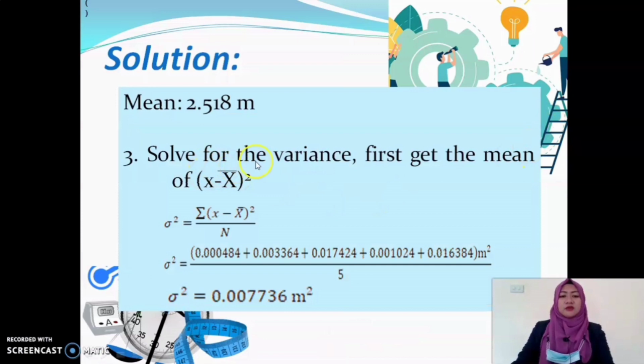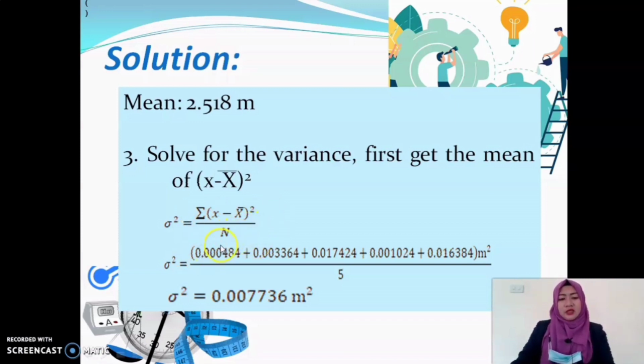Next, you have to solve for the variance. In getting the variance, it is very important that you first get the mean of our measurement minus our mean squared. So you just substitute that into our variance formula. We have variance is equal to the summation of x minus our mean quantity squared over n, which is our population.